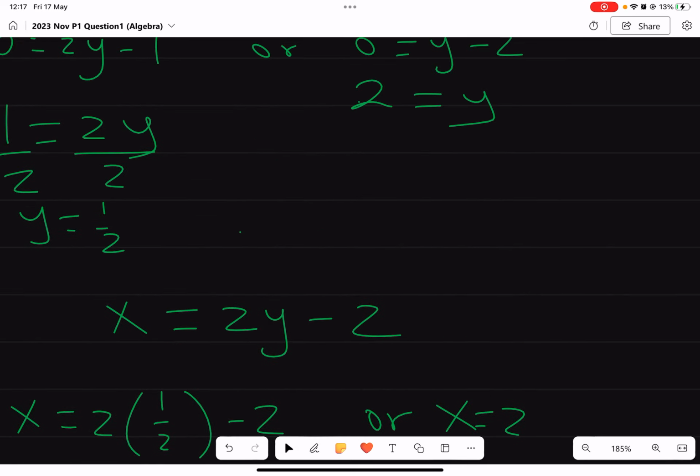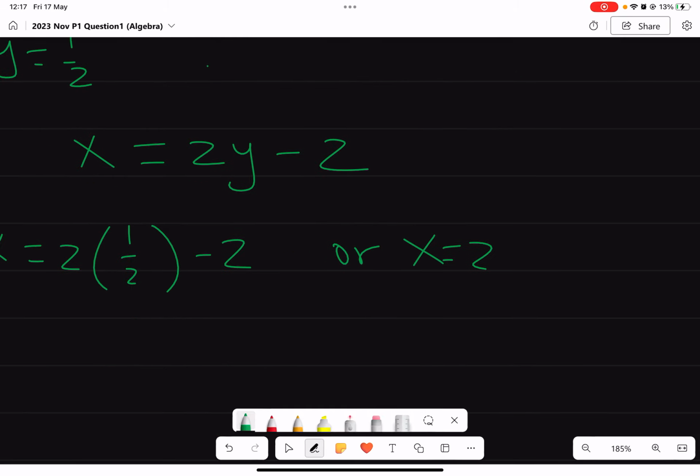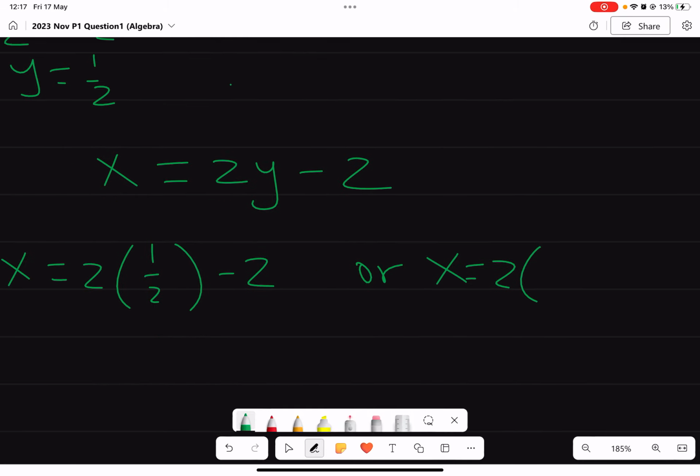Is 2, ne? I mean our other y value is 2. So I'm going to put 2 here, and then we minus 2. And then here we have this, this gives us minus 1, or 4 minus 2, x equals 2.